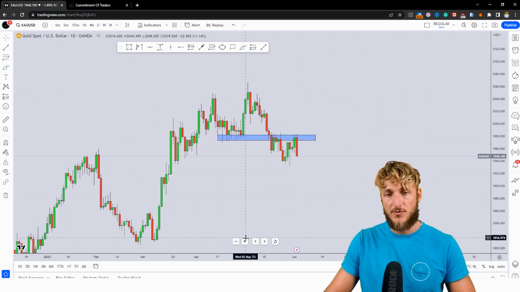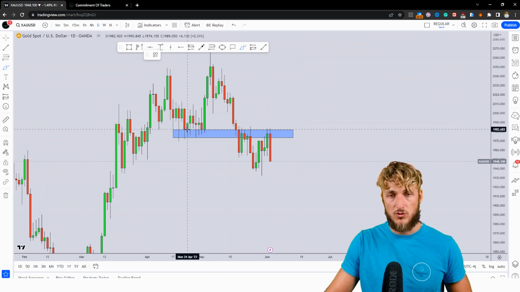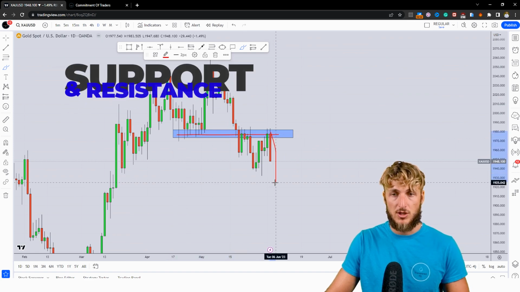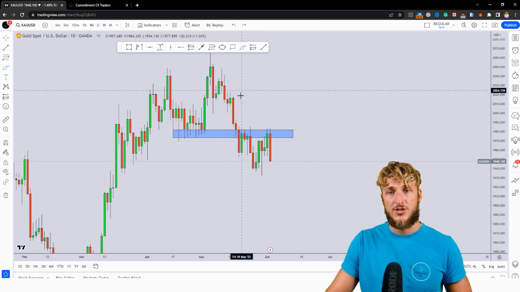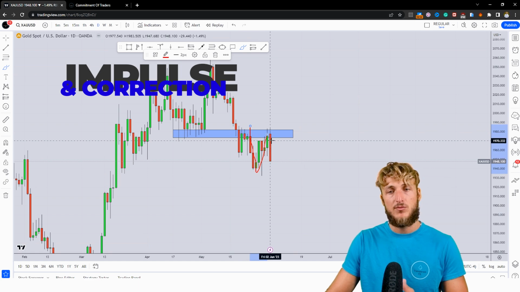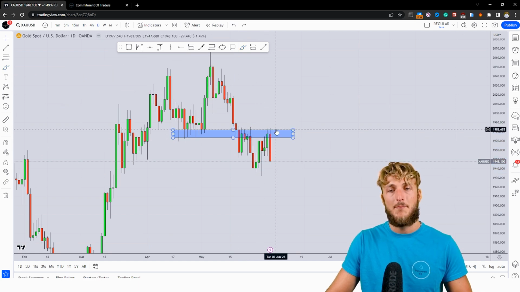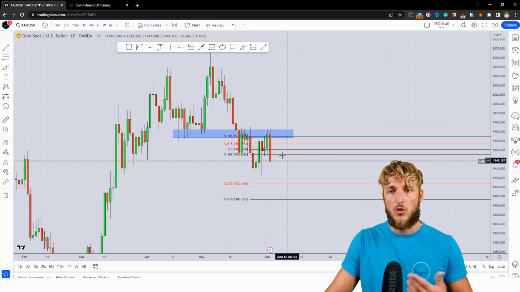At the moment, as I was saying, we have a market which is rejecting to the downside previous daily support turned resistance. In a situation like this, if you look at the patterns, you have an impulse and correction. And if you have an impulse and a correction and you want to measure the correction, what you have to do is take your Fibonacci from the high to the low of the impulse leg.